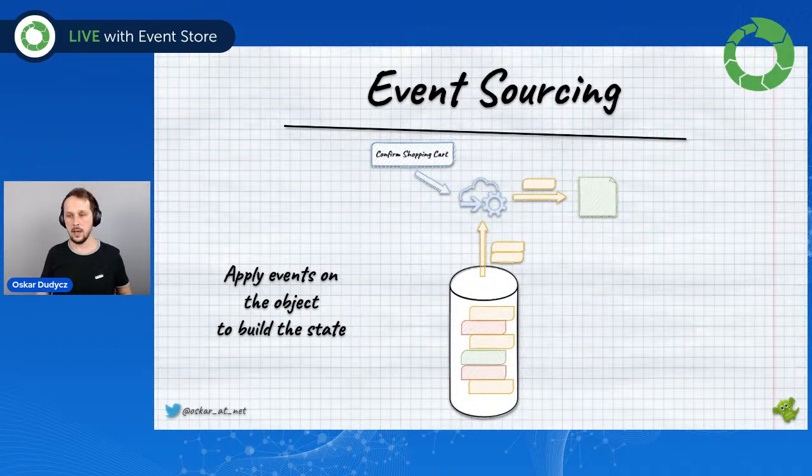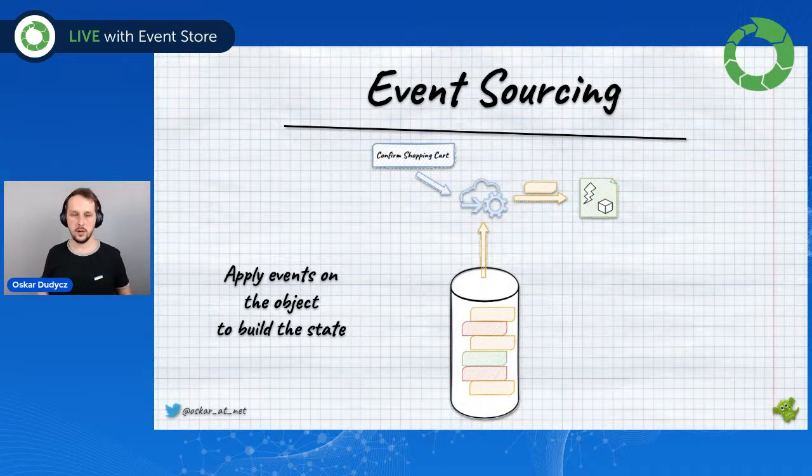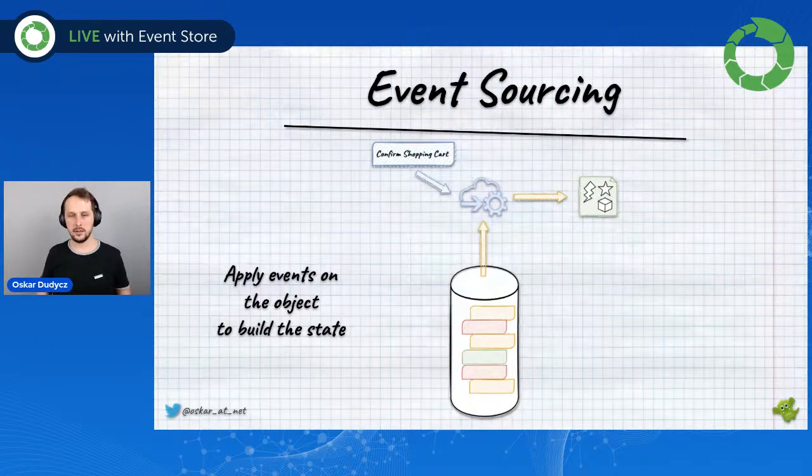So as you see, at first, when we are opening the shopping cart, we are getting an empty shopping basket. When we are adding a new product item, then we are updating the product items list in the shopping cart. If we remove, then we are also updating the current inventory state. And at the end, we are getting the current state.